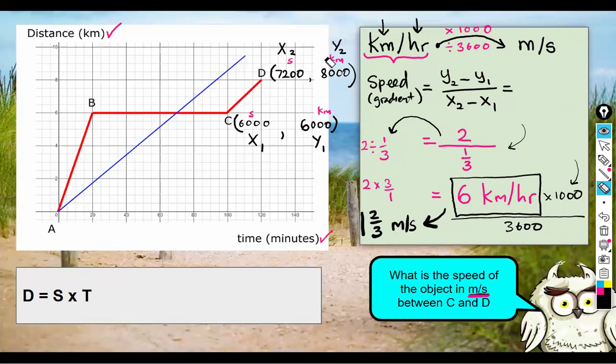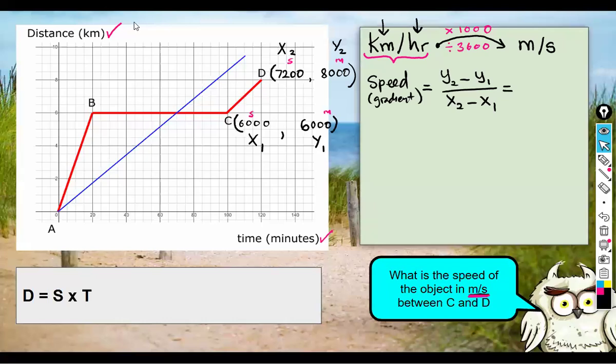Sorry, I made a small mistake. The distance is in meters, not kilometers, because we multiplied it by 1,000. Work it out and see if we get the 1 and 2/3. Remember, it's y2 minus y1. I think some people are mixing up the values. I have it written here.